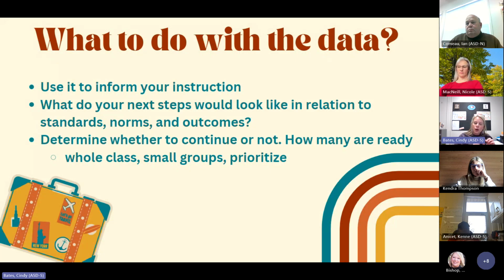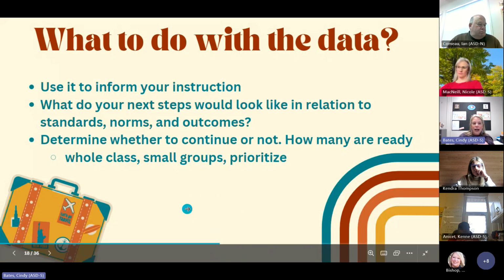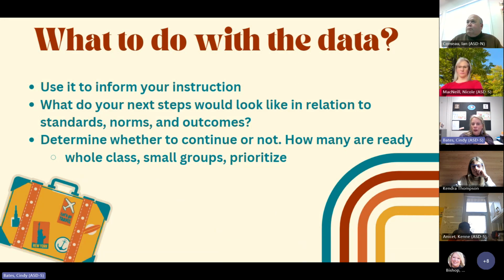So we need to make sure that we're constantly going back and working with those students who need those interventions. That's how we decide if it's going to be the whole class or some small group. You may need to go back and reteach the entire concept because the whole class is struggling. And again, it comes back to prioritizing how you're going to go about that.